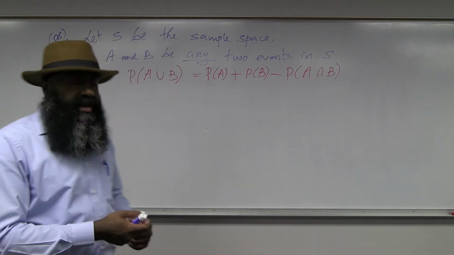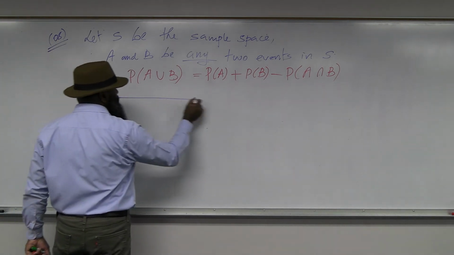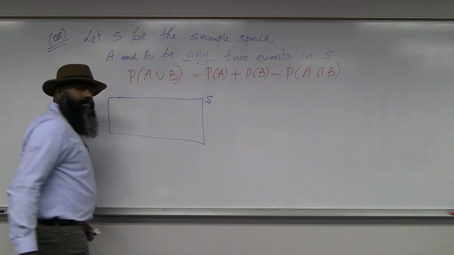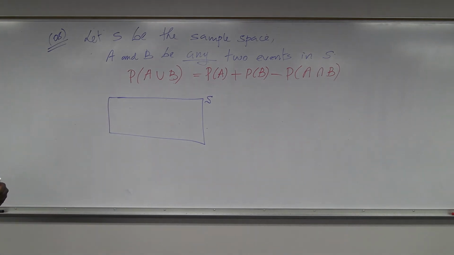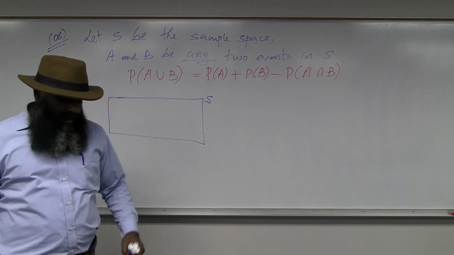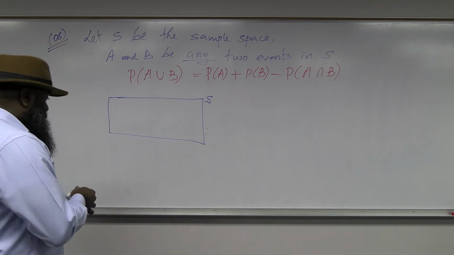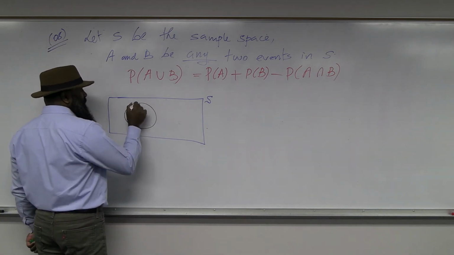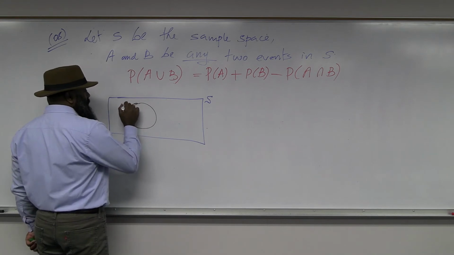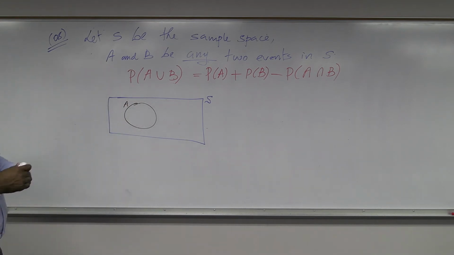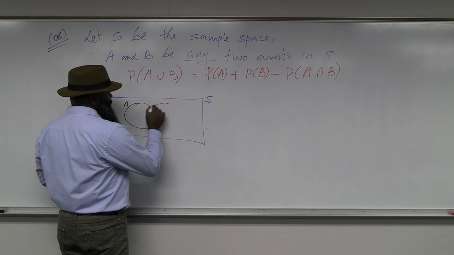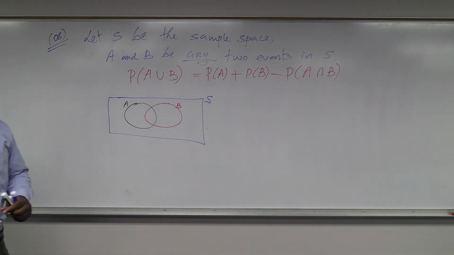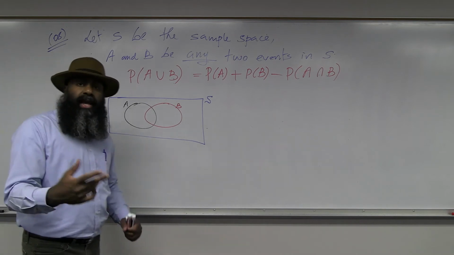I will draw a Venn diagram for the sample space first. So this is my sample space. And I have two events, A and B. So I will draw two events using Venn diagrams. So this may be the event A, and now here is my event B. So there is an intersection, which means they are not mutually exclusive.